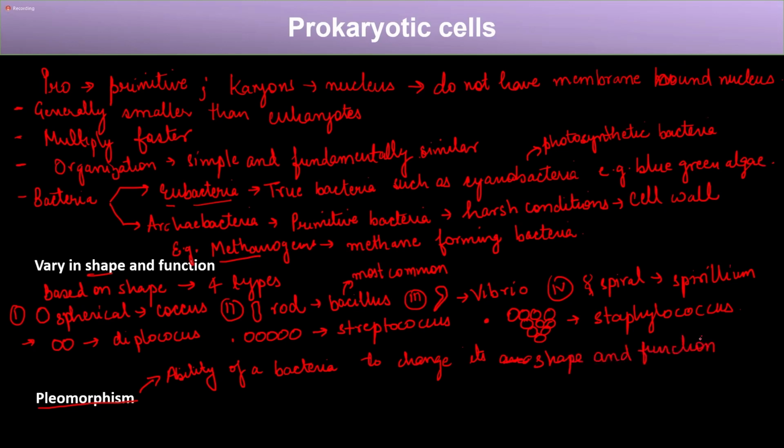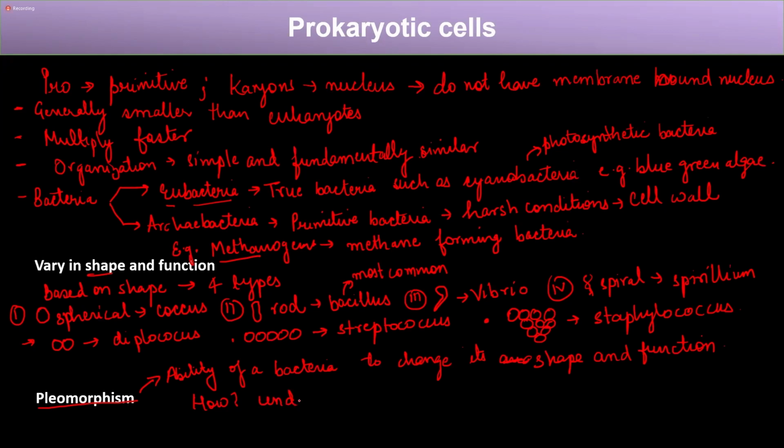If a bacteria is able to change its shape and function, then this bacteria will be known as pleomorphic bacteria. And how does this bacteria do this? It does this under the influence of the environmental condition.